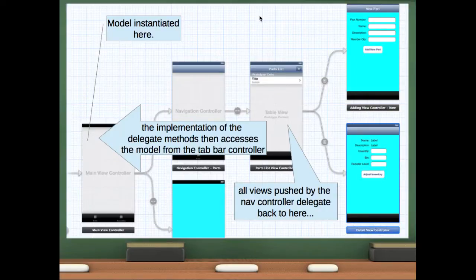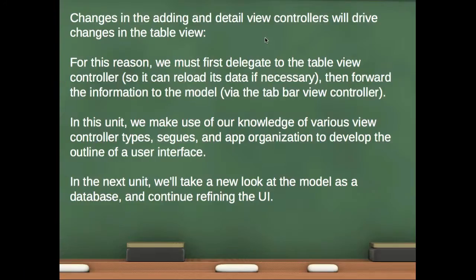So this is how the model hookup is controlled from our view controllers. So, as I already said, changes in the adding and the detail view controllers will drive changes in the table view. So, for this reason, we must first delegate to the table view controller so it can reload its data if necessary, and then forward the information to the model via the tab bar view controller.